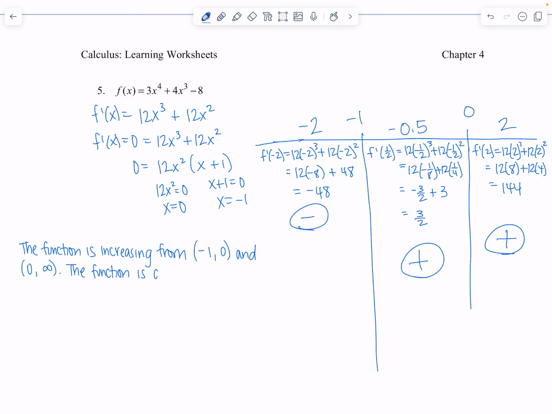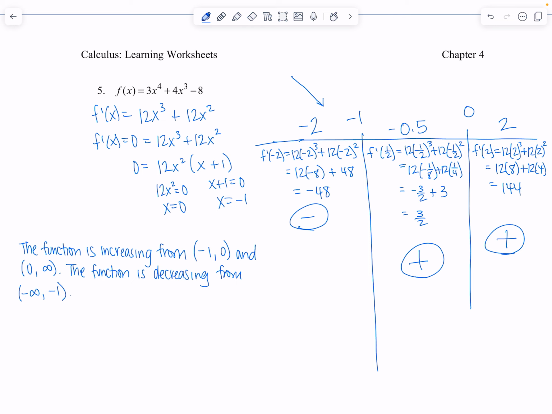The function is decreasing from -infinity to -1. Now, this one, it's decreasing, so it's going down.